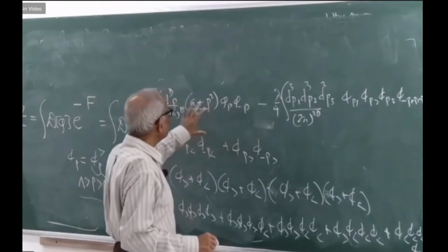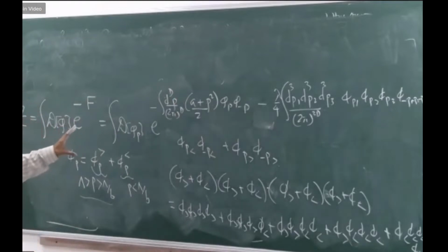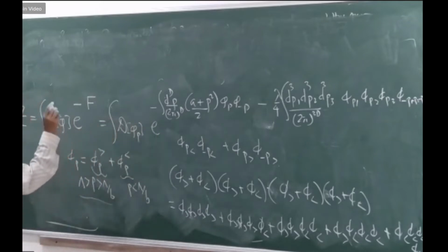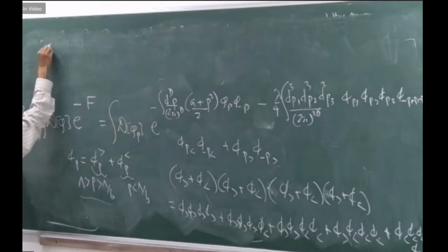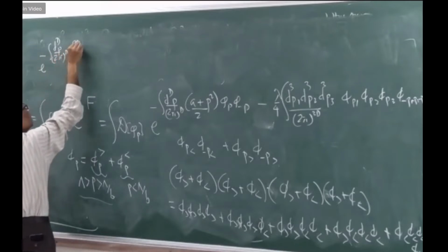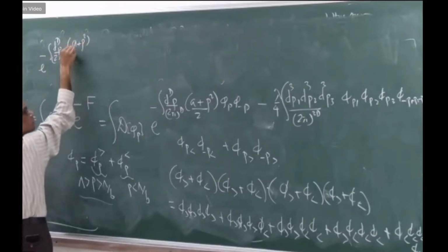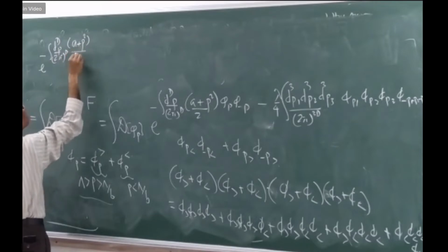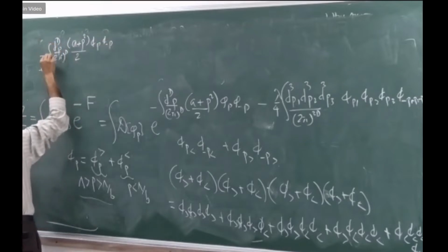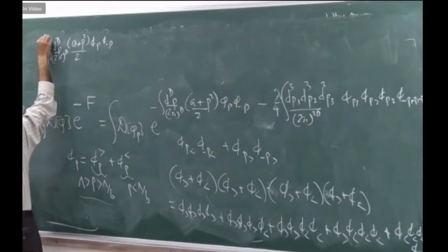I have no bother. So what do I do? What I do is the following. All right. Just one step and what I do is I write e to the power minus d^dp over 2 pi to the power d, a plus p squared, phi p, phi minus p. This is all going from 0 to lambda over b.